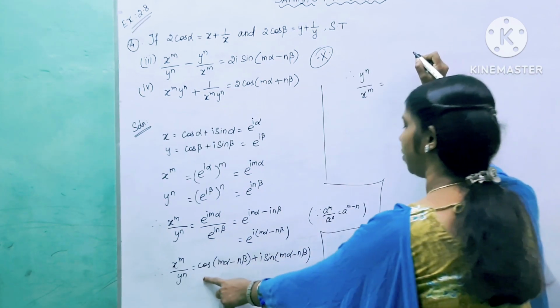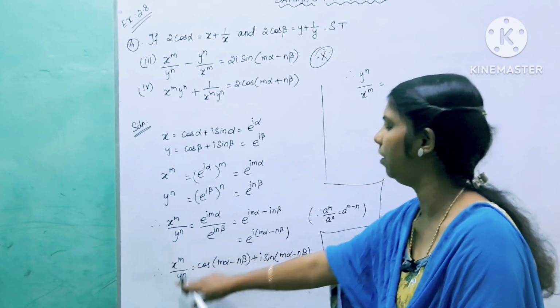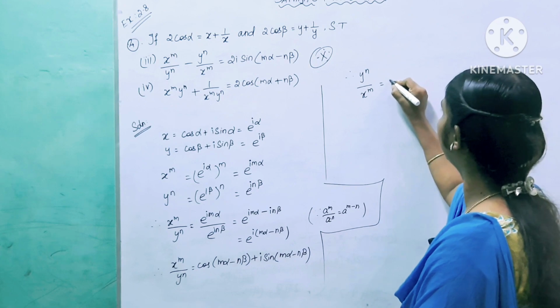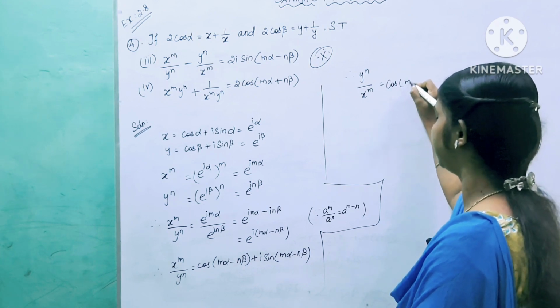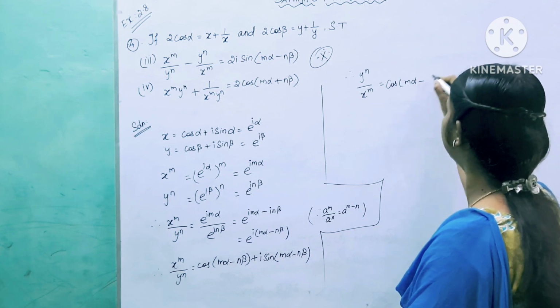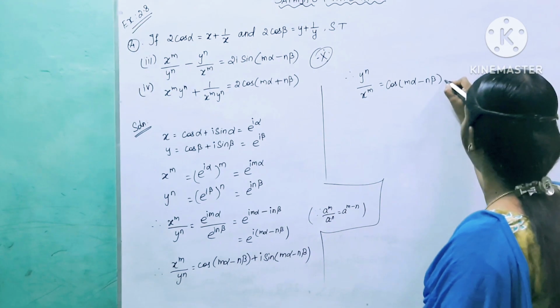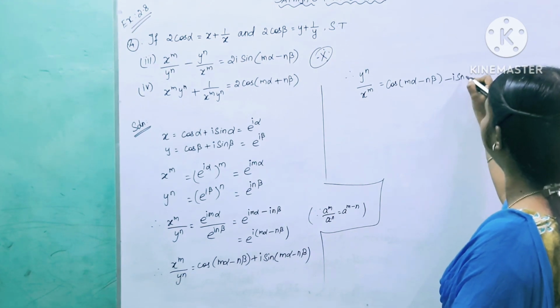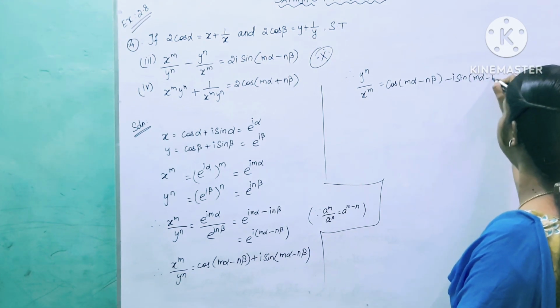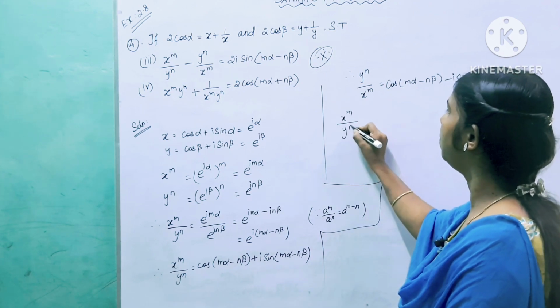So since the modulus of this complex number is 1, the reciprocal of this term is equal to the conjugate of the complex number. m alpha minus n beta, plus I sin becomes minus I sin m alpha minus n beta. These two terms we subtract.